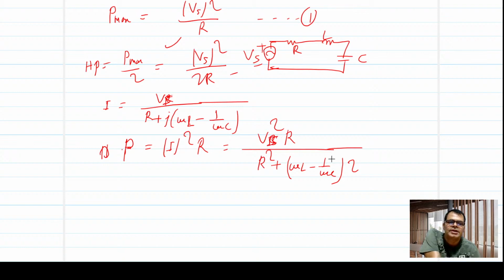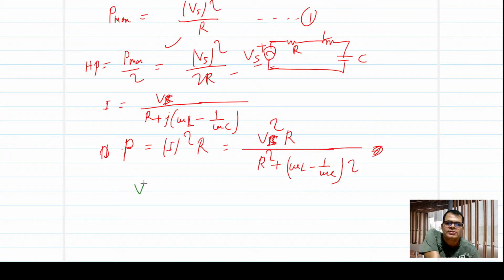This is the general term, the power calculation for any resistor. So I need to equate it with the half power so that I can get the frequency. So equate it.